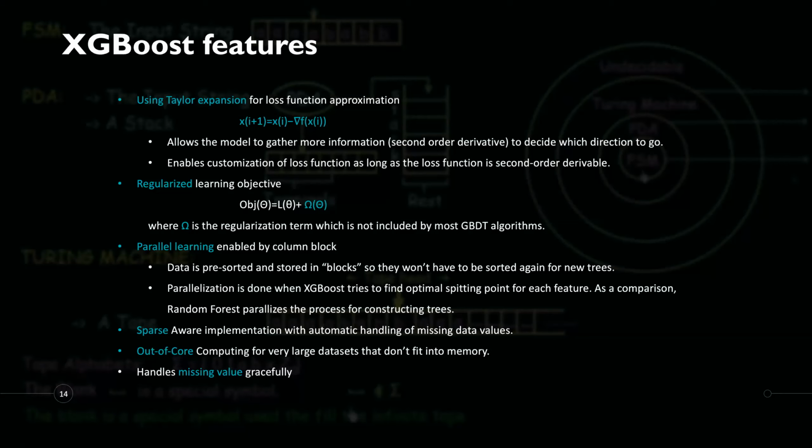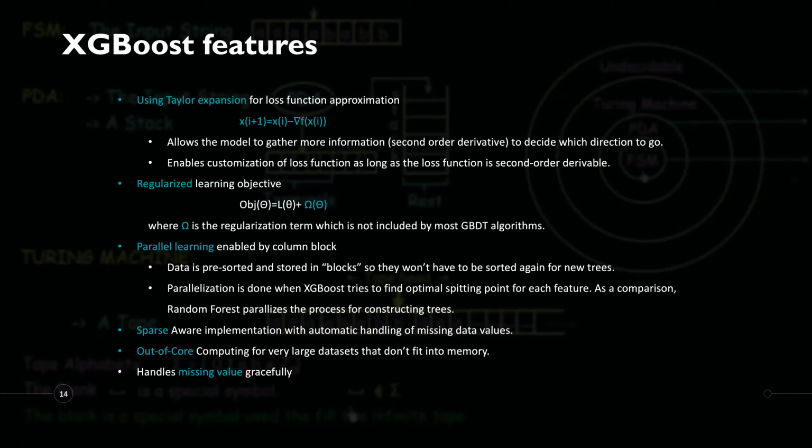For the second decision tree, instead of predicting the age being 20, it tries to predict the residue, which is 20 minus 16 equals 4. In other words, every tree added to a boosting algorithm tries to minimize the loss between the previous tree's prediction and the ground truth.